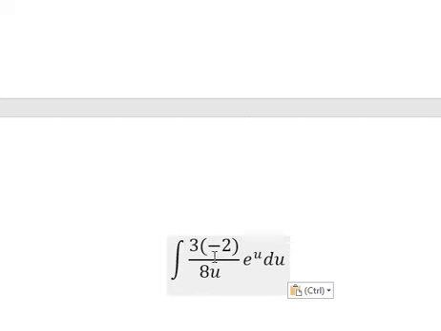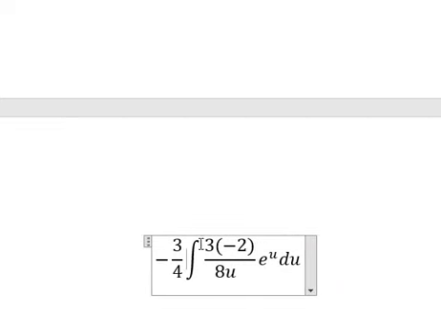Now we simplify the numbers. That is about negative number 3 over number 4.